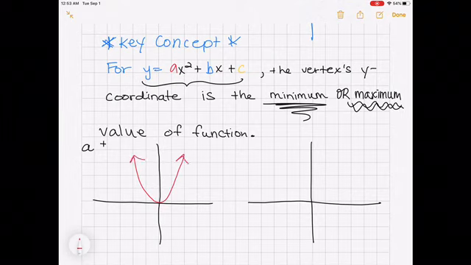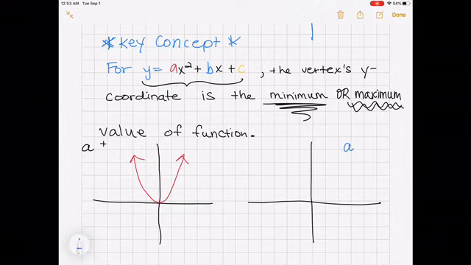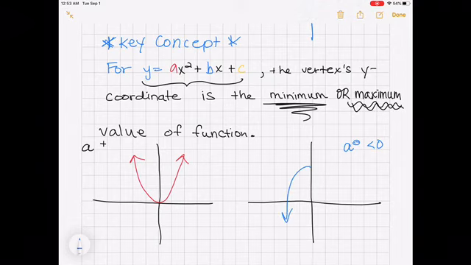Because it's positive, so it's going upwards. We also know that if the a value is negative or less than 0, it's going to go upside down. It's going to be unhappy, right?